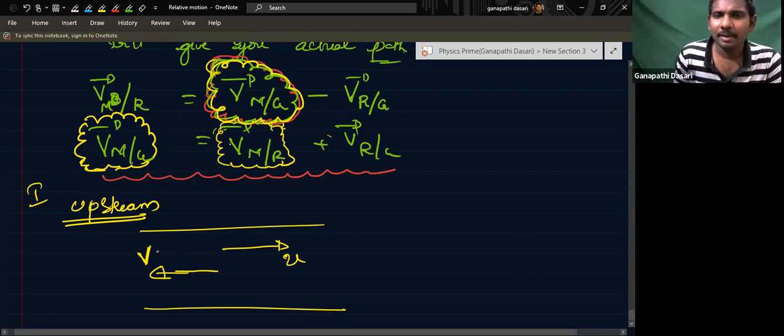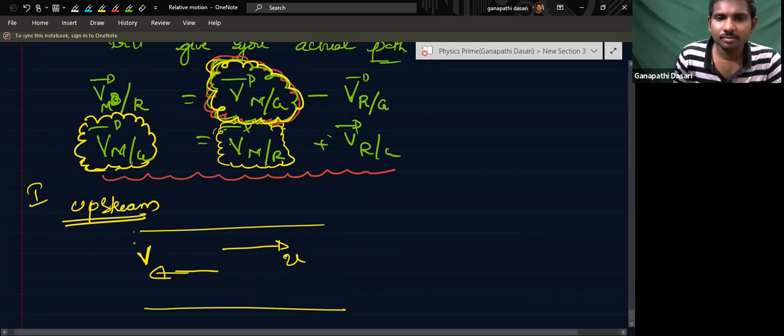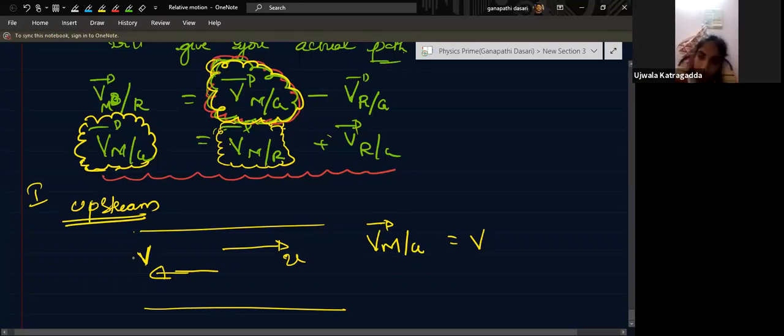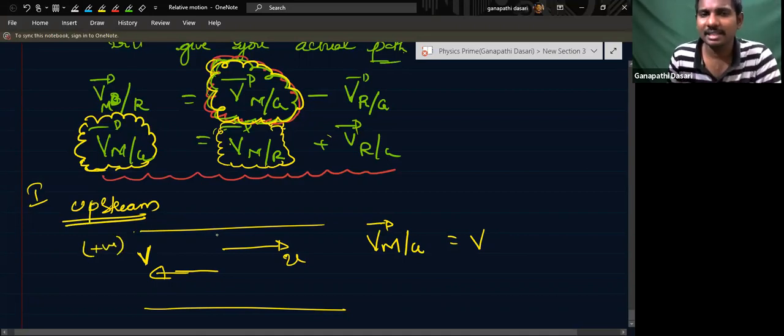So now what will happen? Velocity of the man with respect to river is how much? V, in this direction, left direction. I am taking this to be positive for basic understanding.